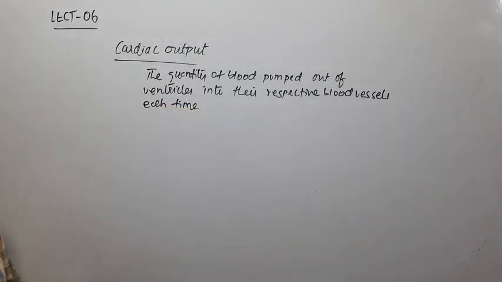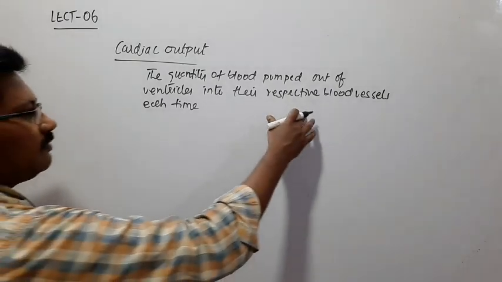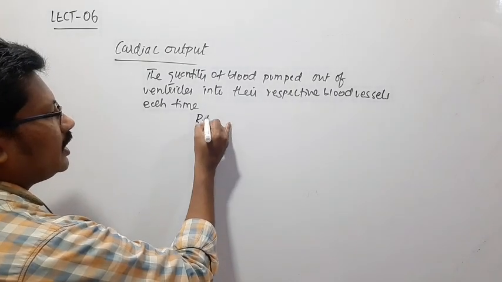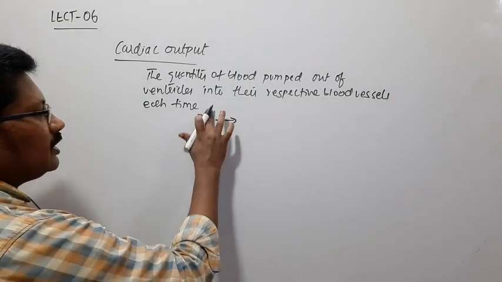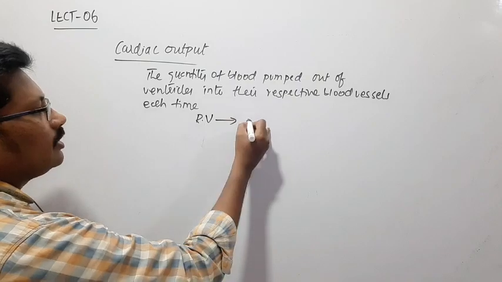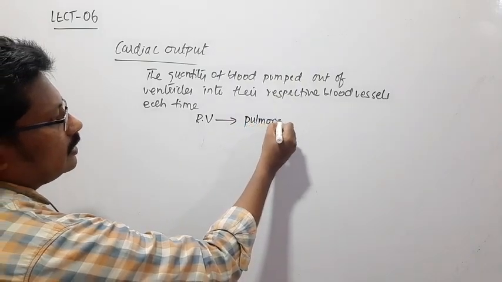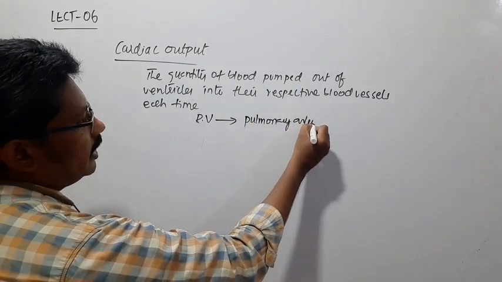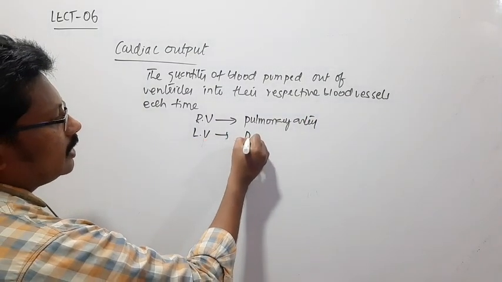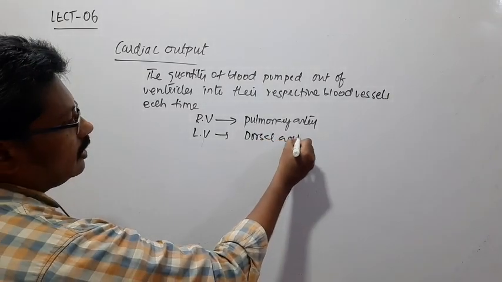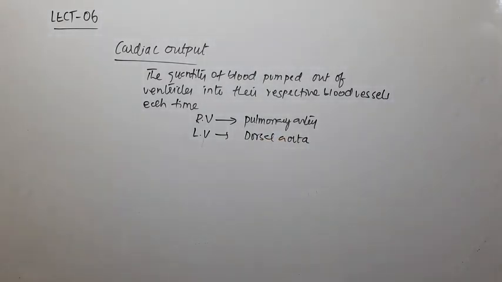So each time the ventricles contract, that quantity of blood is pumped into the respective blood vessel, from the right ventricle into the pulmonary artery, and from the left ventricle into the dorsal aorta.